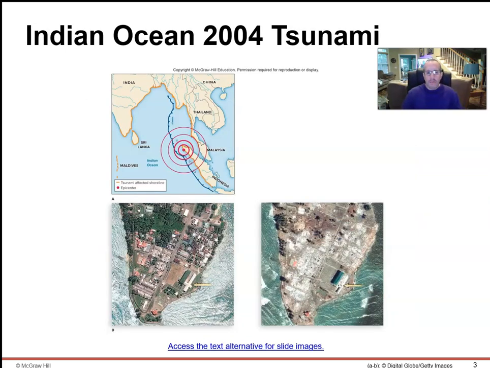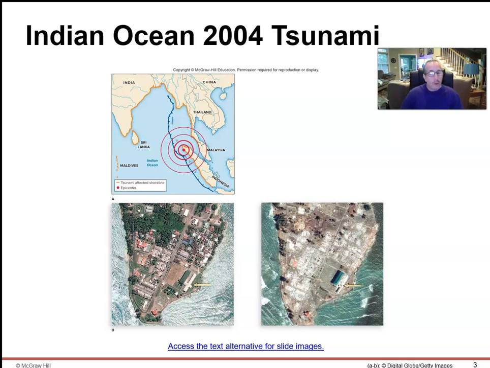Just a couple of examples here before we really get into the nuts and bolts. Thinking back, this seems like it was yesterday to me, but this was probably when a lot of you were still very young children. The Indian Ocean tsunami occurred as a result of an earthquake on the ocean floor.